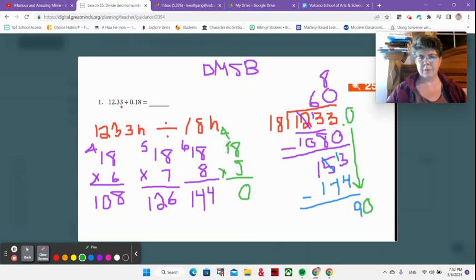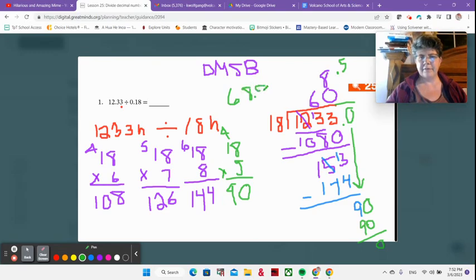And 5 times 1 plus 4, that's 90. Perfect. So then we have 5 tenths there, and that's going to make 90. Okay, now remember, with your dividing of decimals, your decimal place is going to go straight up. So we have our 5 tenths there. So our answer is 68 and 5 tenths.